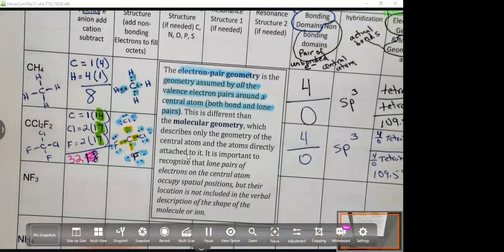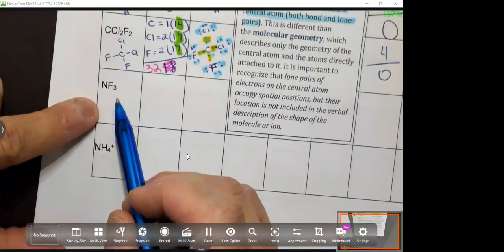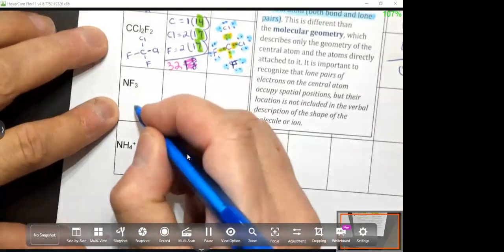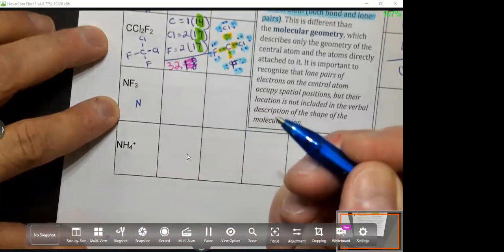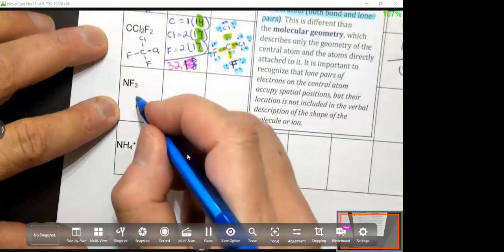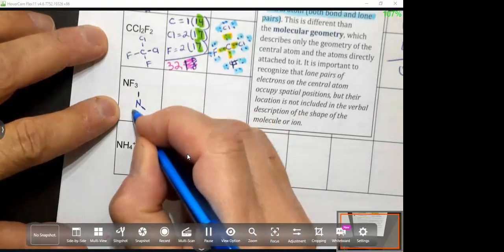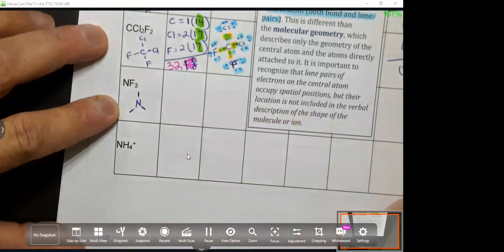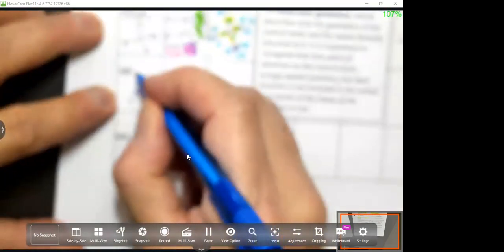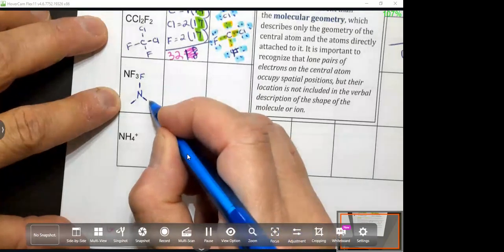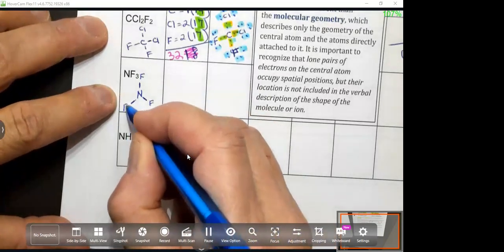Now, let's do this example. We have NF3. When you draw this out, it's nice to try to keep everything as far apart as possible. If you do this as far apart as possible, you're going to put these at 120 degrees.